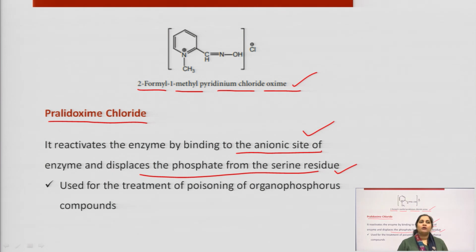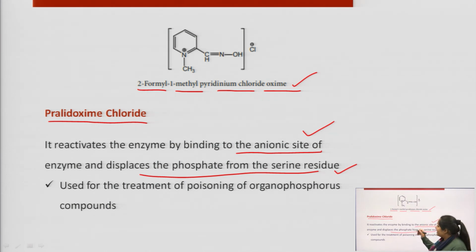Now pralidoxime will also bind to the anionic site of the enzyme and will remove the organophosphorus compound that has inhibited the action of the cholinesterase enzyme.